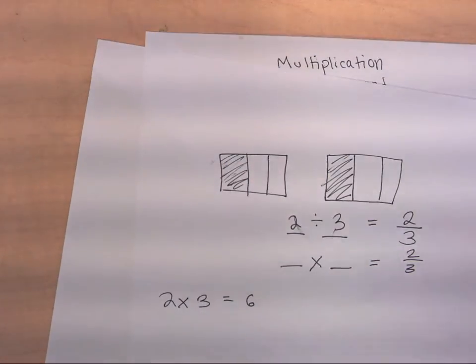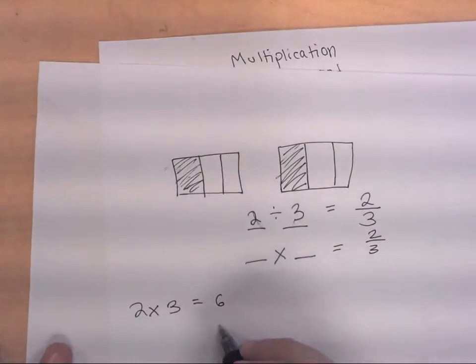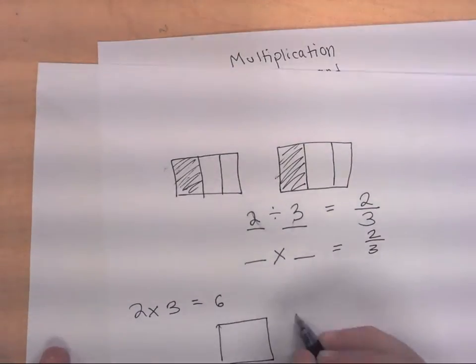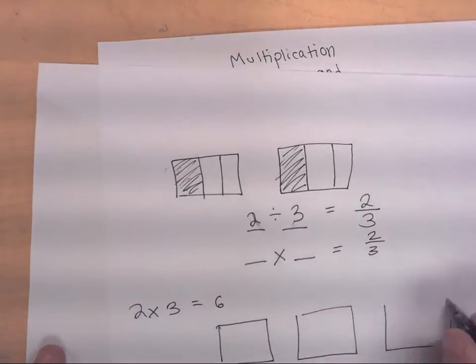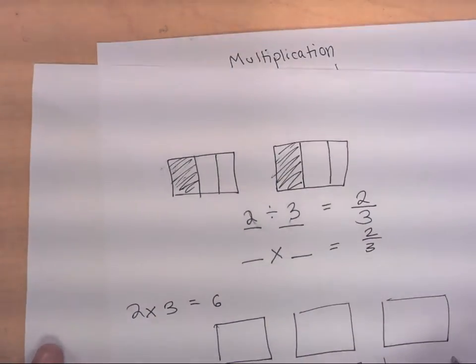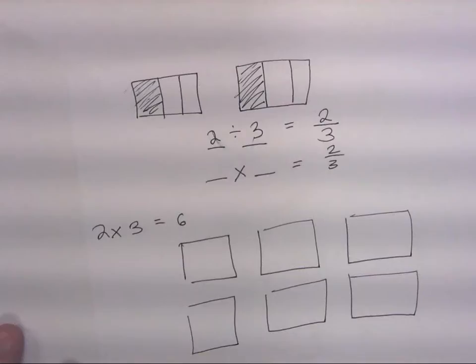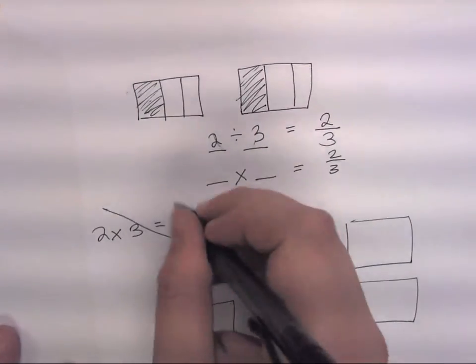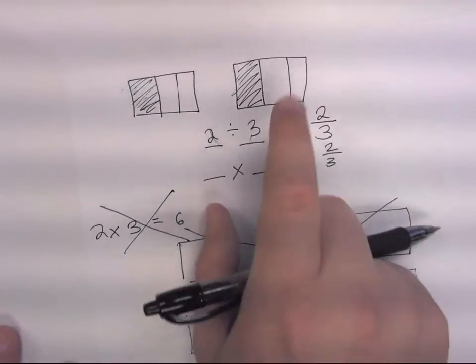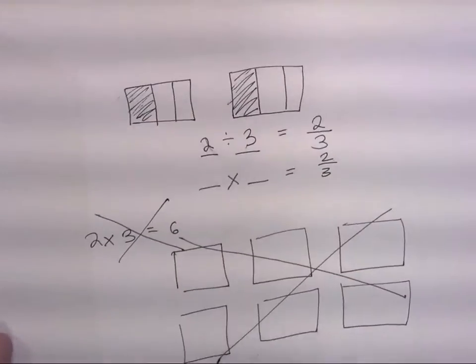So we found out that this is 6 holes. And when I drew 6 holes using these rectangles, it became apparent that 6 holes is a lot bigger than 2 holes. So 2 times 3 does not match this situation, and it certainly doesn't result in 2/3.